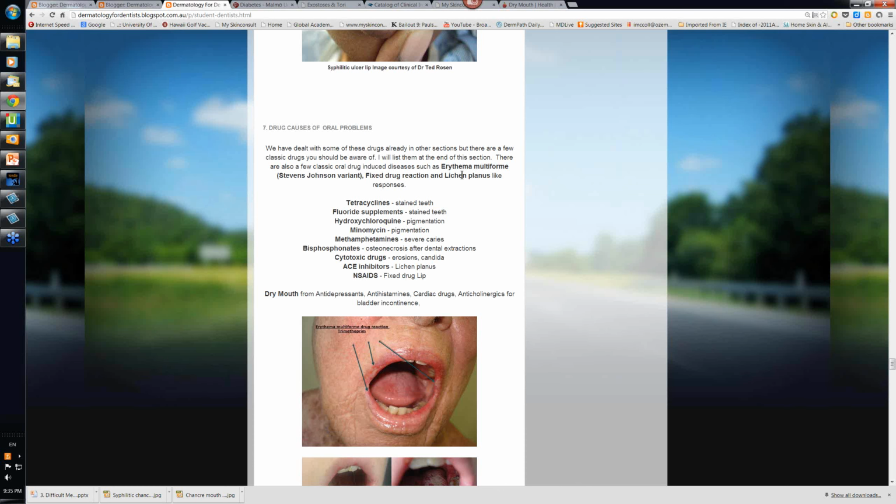Just remember these three diseases: erythema multiforme, especially Stevens-Johnson, fixed drugs, and lichen planus. Remember the dry mouth and the various drugs that can do that. There's more than this. Look them up. And then these particular preparations and the changes that they'll induce, the reactions that they'll induce in the mouth. Thanks very much.